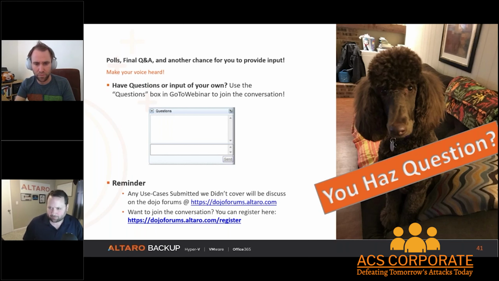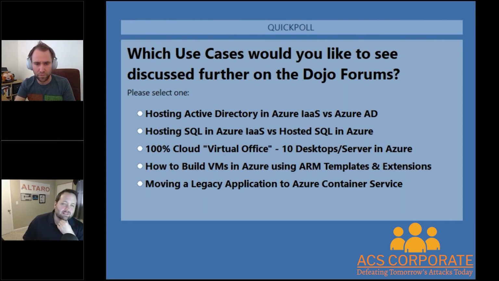We'll talk about the top 3 choices on our Dojo forums, get you the answers to the questions, and facilitate community discussion about those use cases. We want your input on what use cases you'd like to see and talk about. We'll give another 20 seconds or so for those responses while we go through the questions.